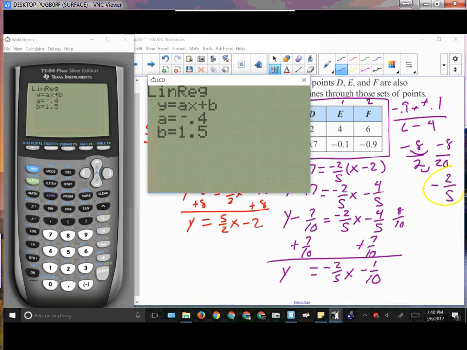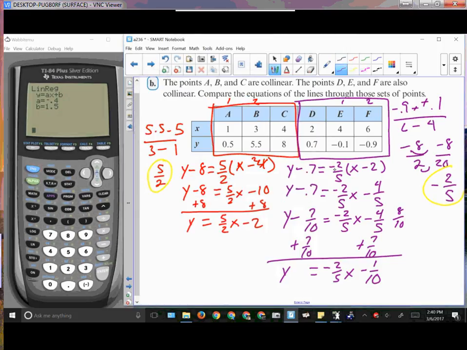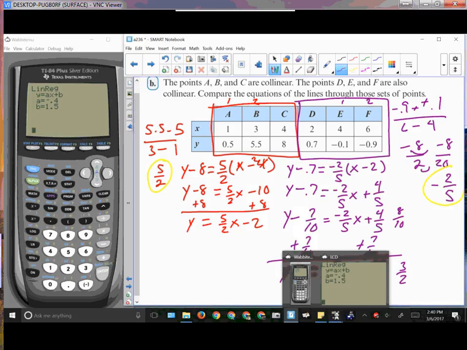Oh, I see where I messed up. What's a negative times a negative? Positive. So that means, better clean this up while I'm seeing it, negative times a negative would have been a positive. That means this would have been plus 15 over 10, which would have been 3 over 2.